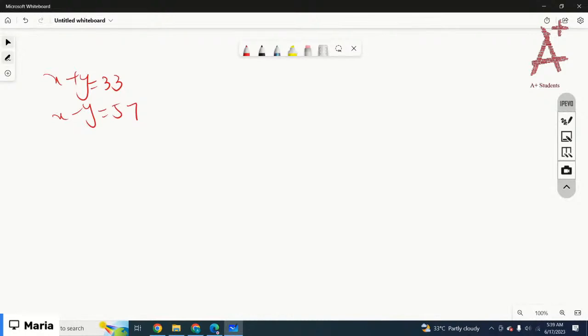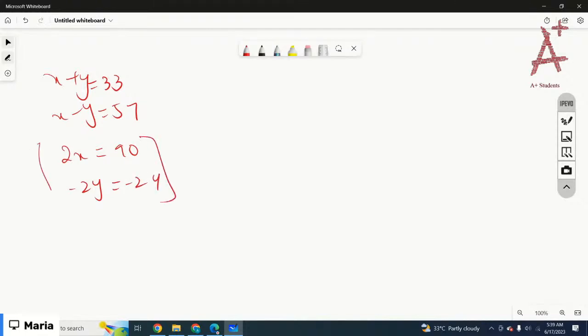So y and y cancel out. You're left with 2x, and 33 plus 57 is 90. Got it? And when you subtract them, x and x cancel out, and that would be negative 2y equals negative 24.